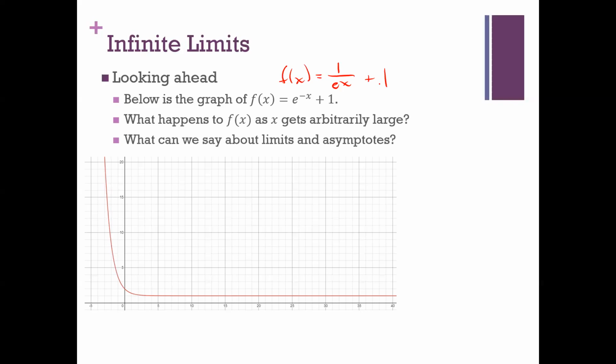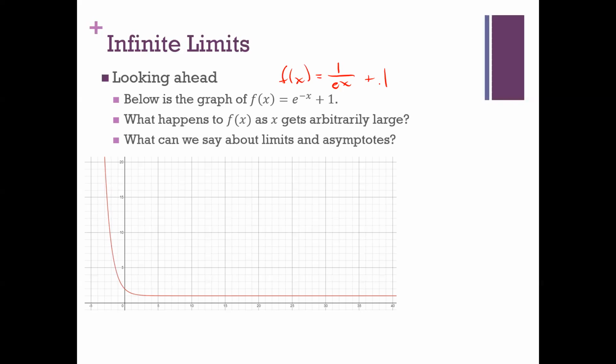If I take e, which is just a constant number, and raise it to larger and larger powers, what's it going to do? It's going to get bigger, right? If I divide 1 by this thing that's just growing and growing and growing, it's going to get super tiny.